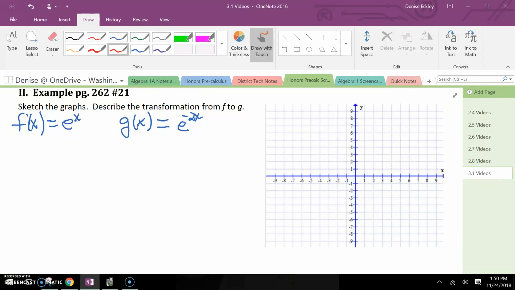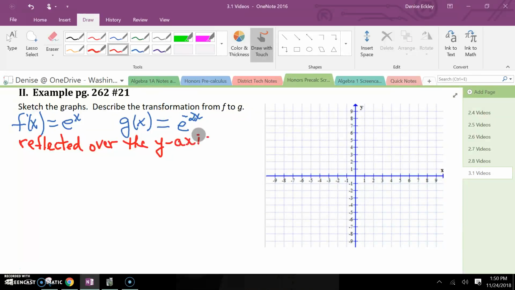So starting with our transformations, we have a negative sign with our x, and then we have multiplication by 2 with the x. So the negative sign gives us a reflection over the y-axis, so it's reflected over the y-axis.